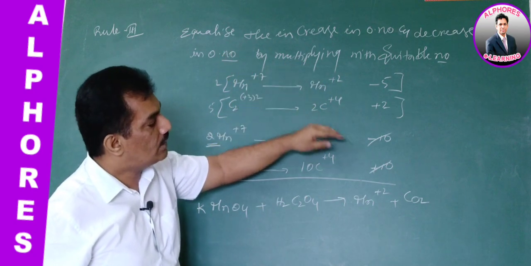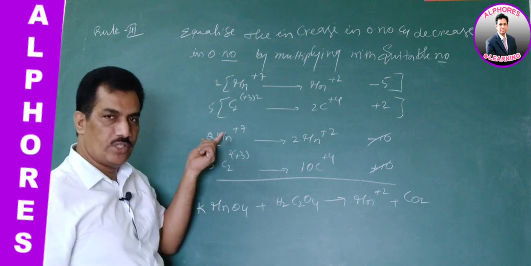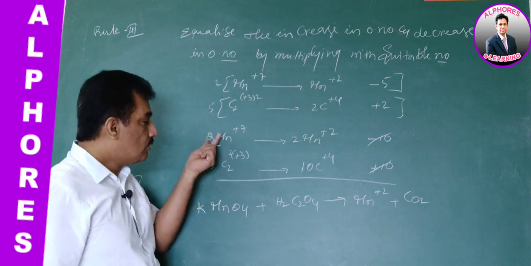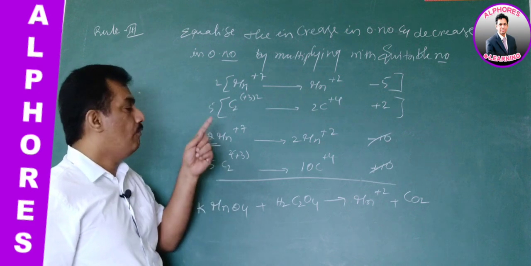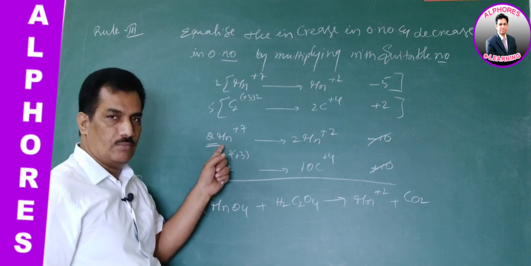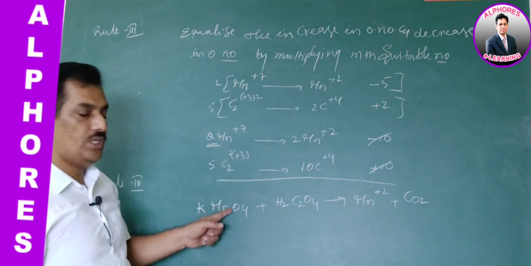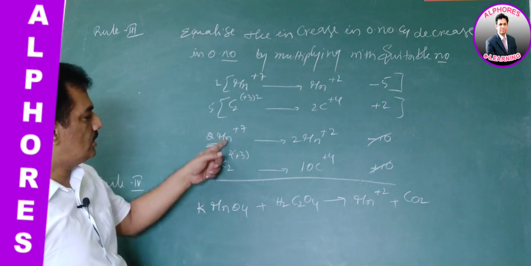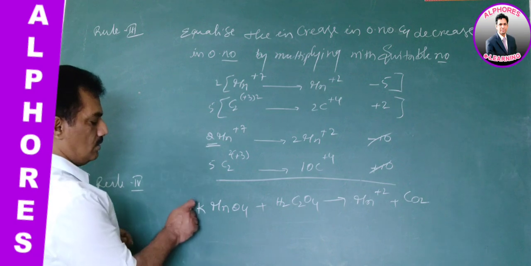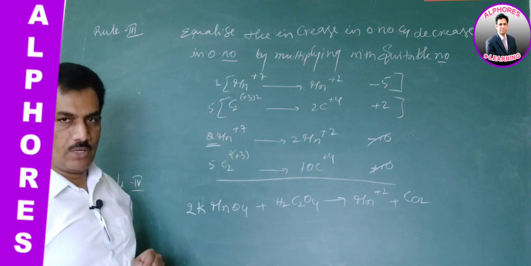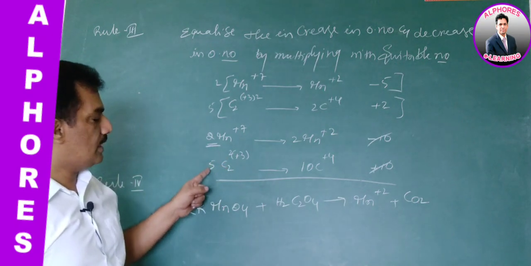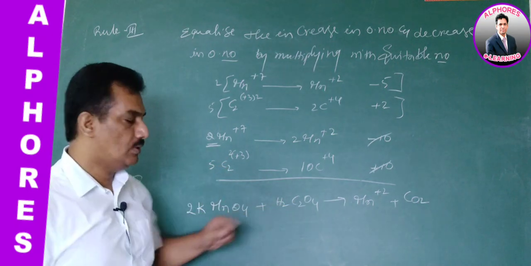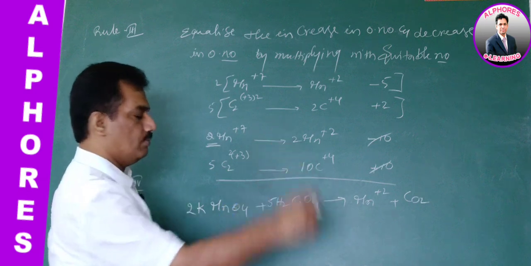After that, we have to observe where the coefficient applies, in the species where this ion is present. Mn plus 7 is present here, so this is taking 2. Thereby the total chemical molecule will take 2. And C2 is taking 5. C2 is present here, thereby here we are writing 5.